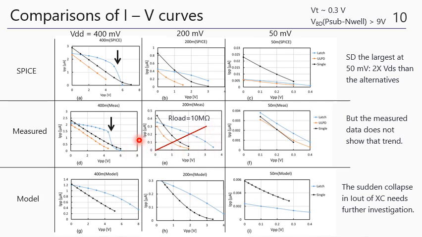And in the previous slide, the condition was 200 millivolt for the three charge pumps with 10 megaohm load. And the red line shows the 10 megaohm IV curve. Then the output voltage is given by the crossing point here.